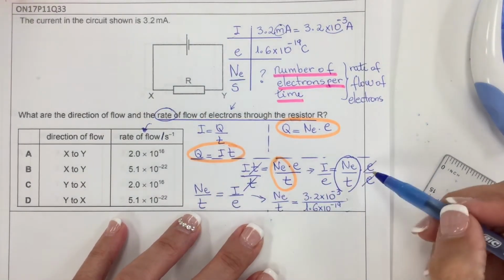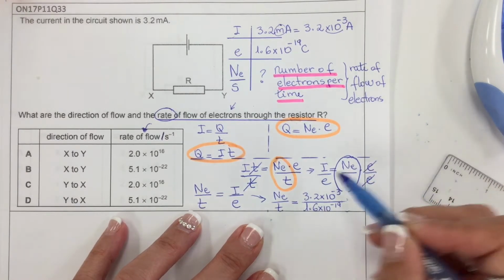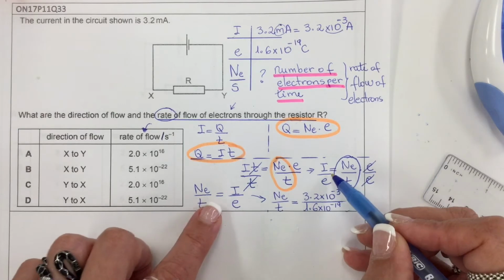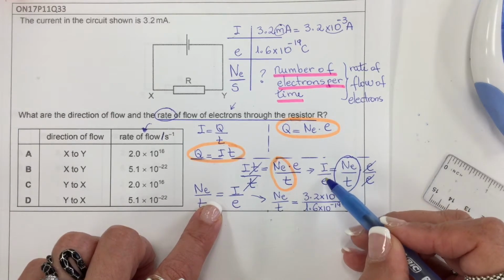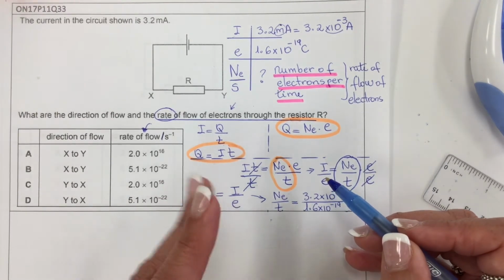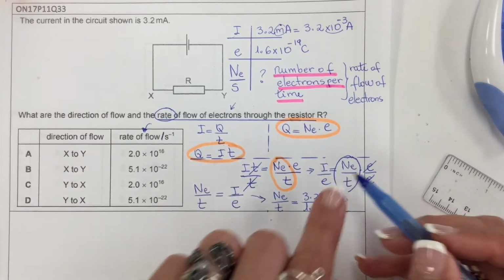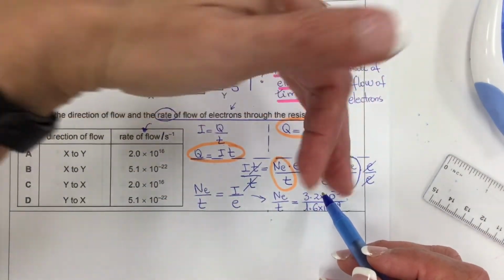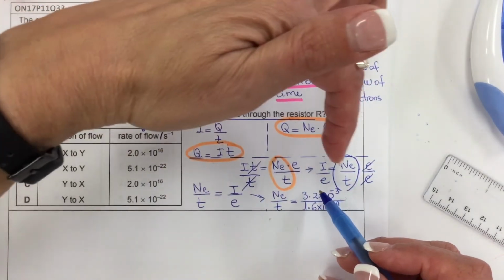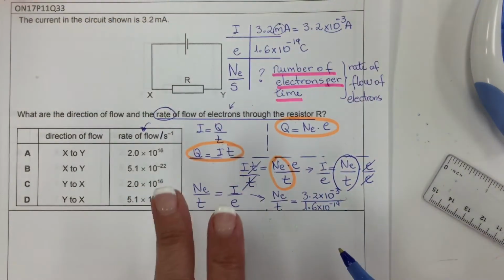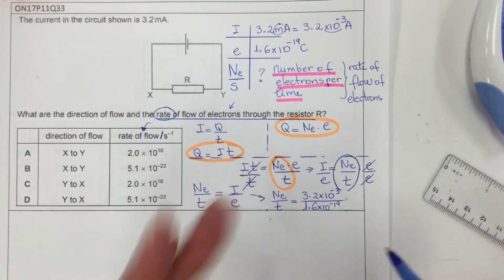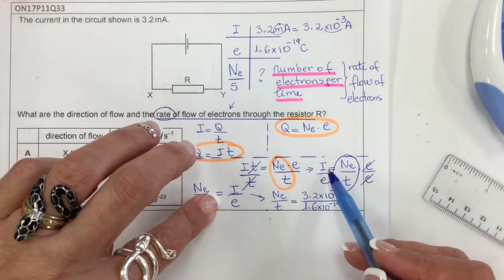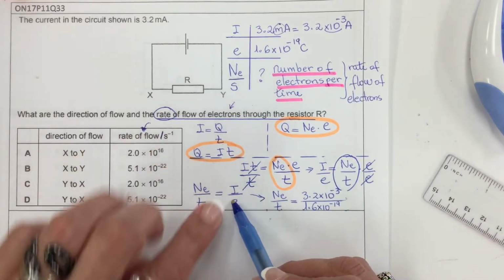Then I cancel those two E's, and what is left is NE over T, which is equal to I over E. I just flipped the order of this equation: this is the left side, this is the right side. Now I have NE over T is equal to I over E.